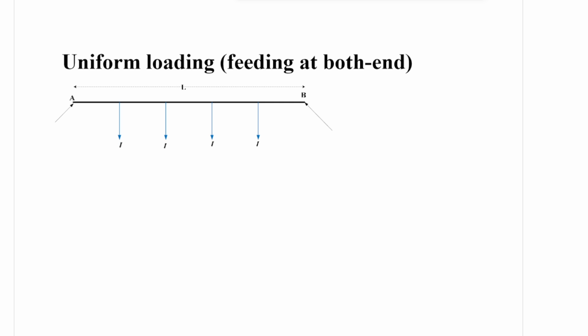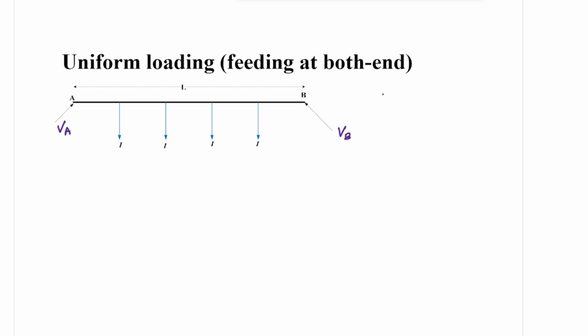We have feeding at both ends. So we are having two different cases. Let us say at node A, voltage is VA, and at node B, it is VB.